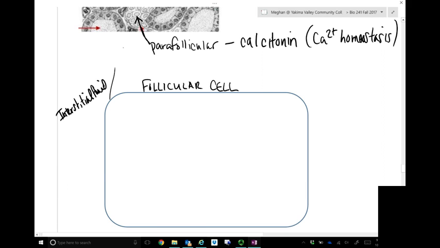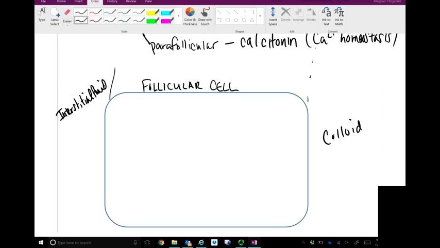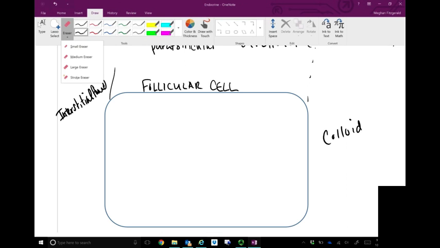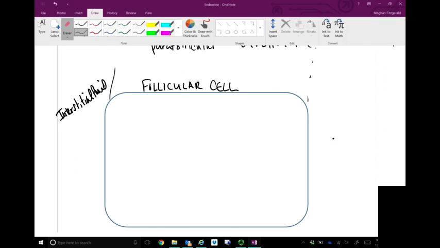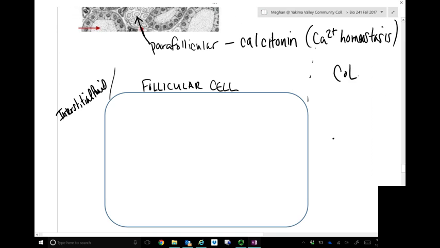We know there's actually going to be a bunch of cells going up this way and going down that way, all attached to each other. And then on the inside, this is going to be the colloid. I'm going to move this up here a little bit and get it out of the way because we're going to need that space. So this side is going to be the colloid.